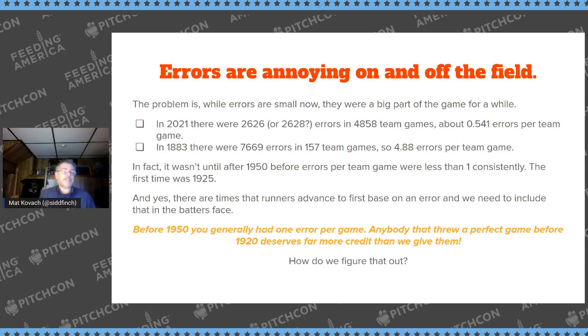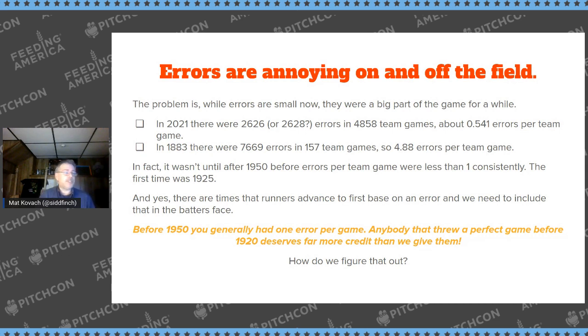And in fact, it wasn't until 1950 that baseball started averaging less than one error per team game. The first time it happens was in 1925. And when you have an error, there is a chance that a runner is going to advance to first base or beyond, and sometimes it's beyond.